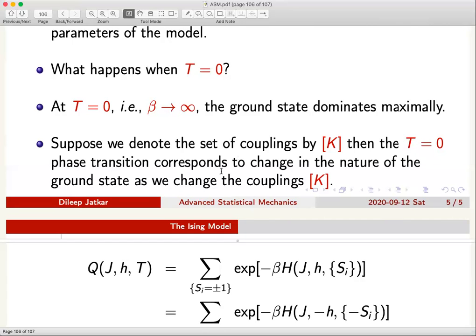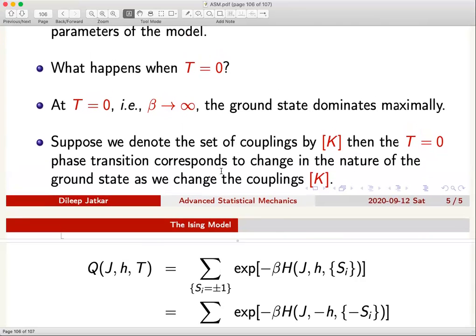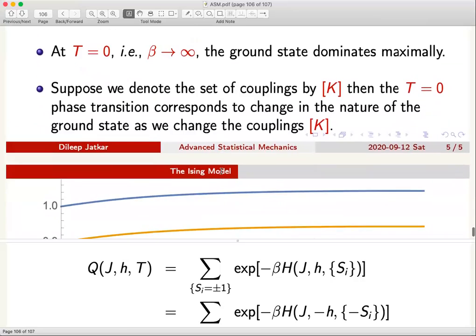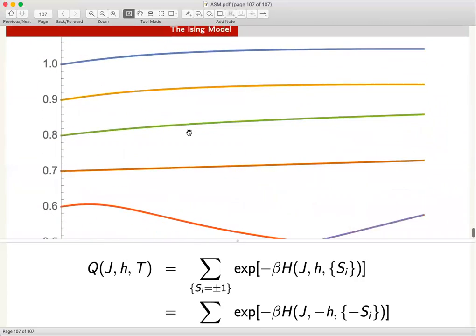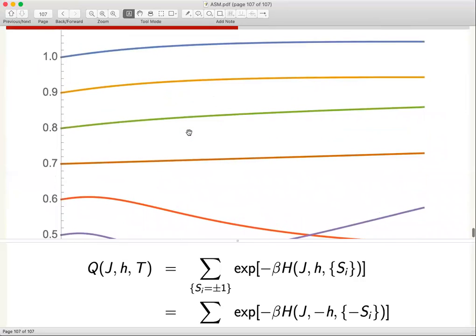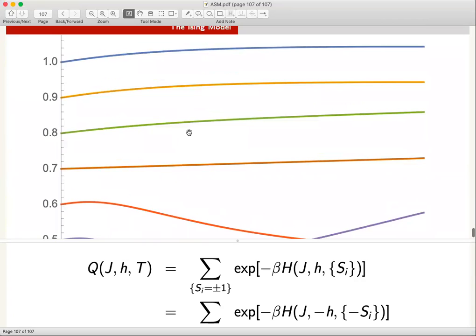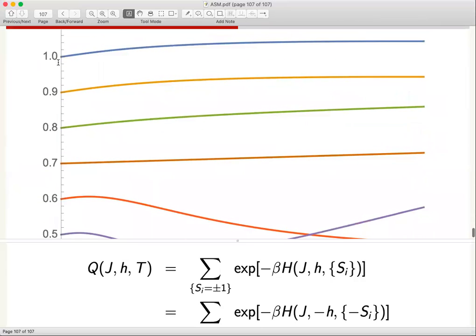But what can happen is the following: you may have a particular spectrum of the theory, and as you start changing the parameters of the theory, your spectrum changes. I'm just drawing some picture: some eigenvalue changes in some fashion, some other eigenvalue changes this way.